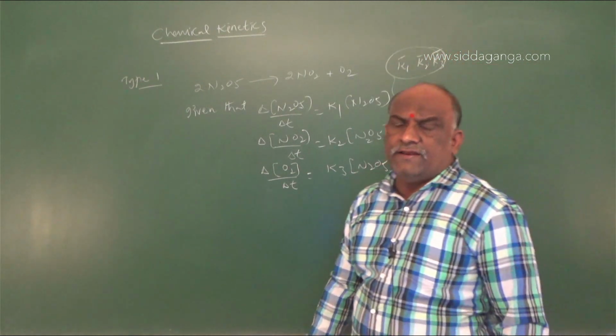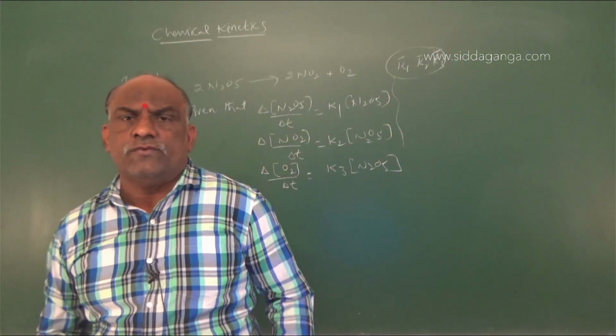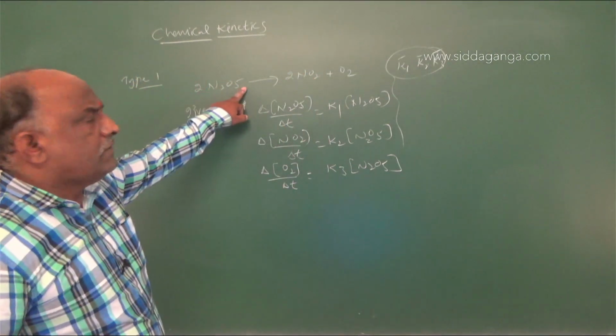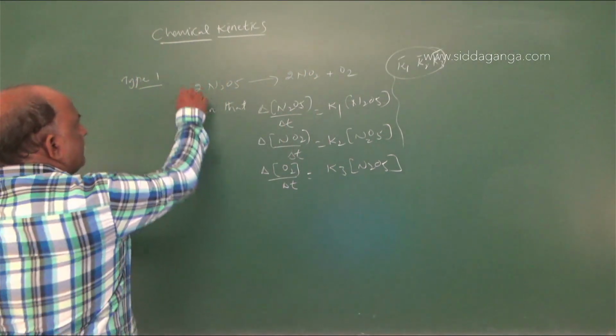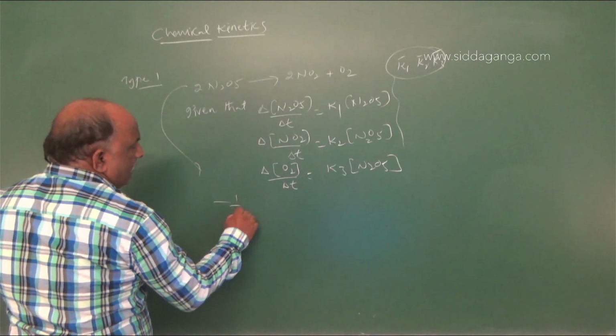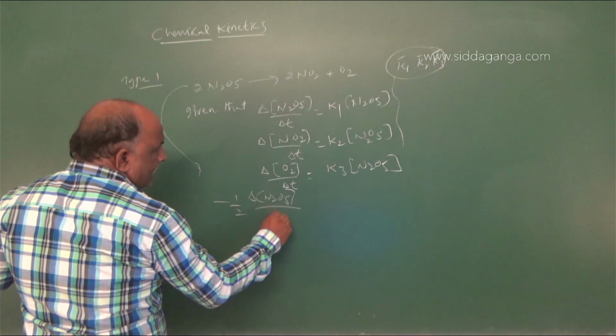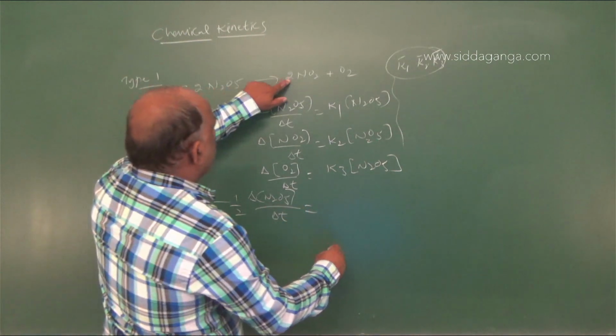How to find the relation? We already know the thermal decomposition of dinitrogen pentoxide. For this, what is the rate of reaction? Minus 1 by 2 delta N2O5 divided by delta T is equal to plus 1 by 2.